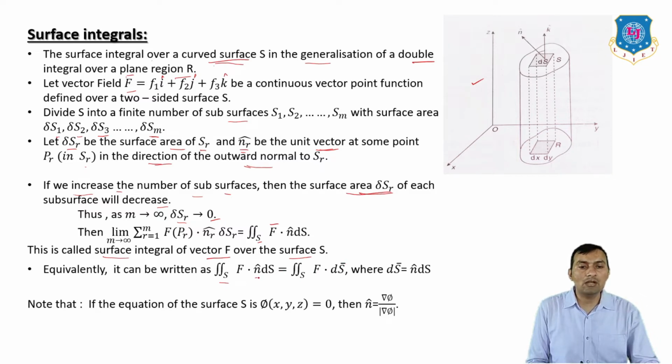Whenever you compare these two double integrals, you can note that dS bar is nothing but n cap dS. Also, if the surface is given by an equation, say phi of x, y, z equal to 0, the level surface, then the unit normal n cap will be grad phi divided by its modulus.